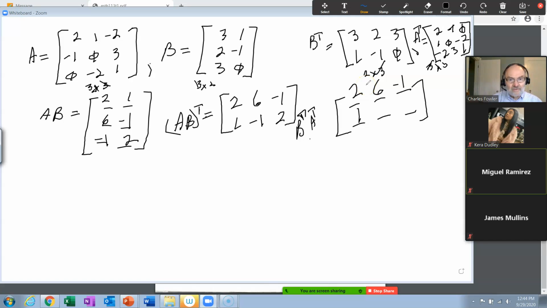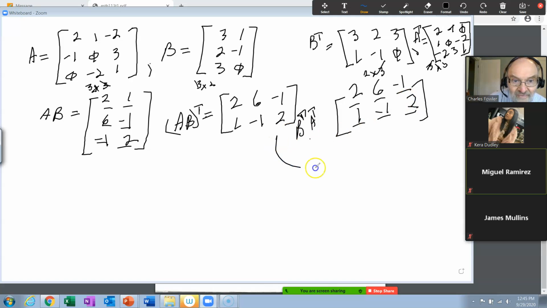The 2, 2 entry here, second row, second column, it's a -1, 0, 0, so that's a -1. And the 2, 3 entry here is going to be second row here, third column here, and that's going to be a 0, 2, 0, so that's a 2.